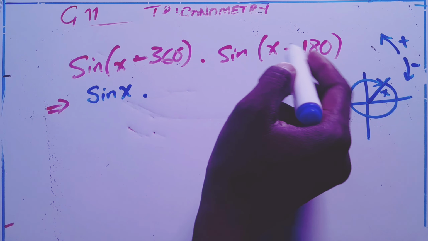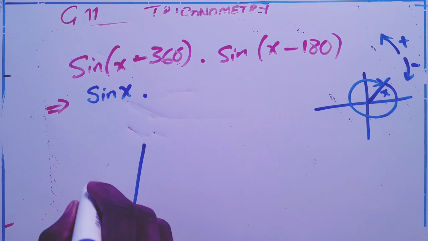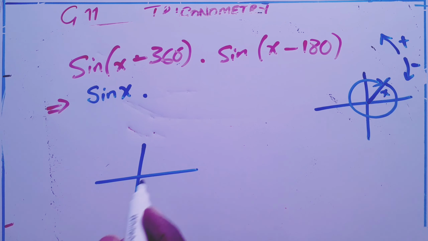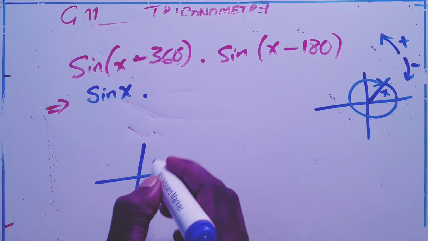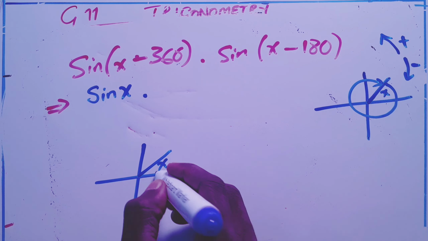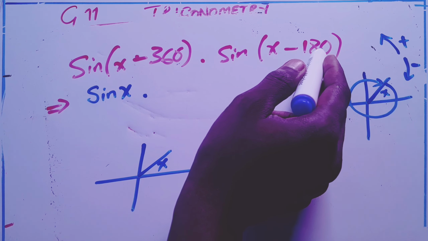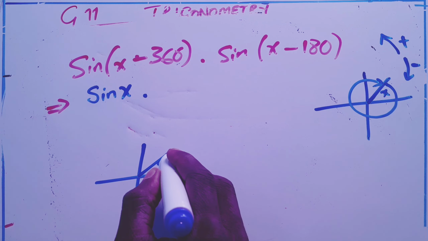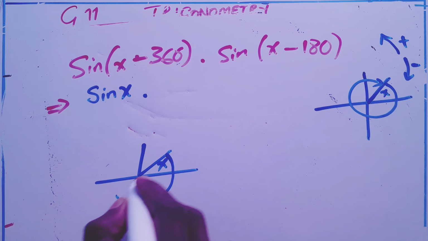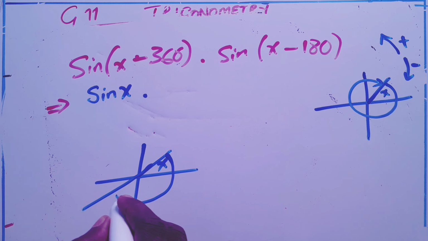Now let's take a look at this again and see where it falls. We have positive x to start with, and then minus 180. From here we subtract 180 degrees, so this should be a straight line like this. That is 180 degrees, so this is falling in the third quadrant. What does it mean now?